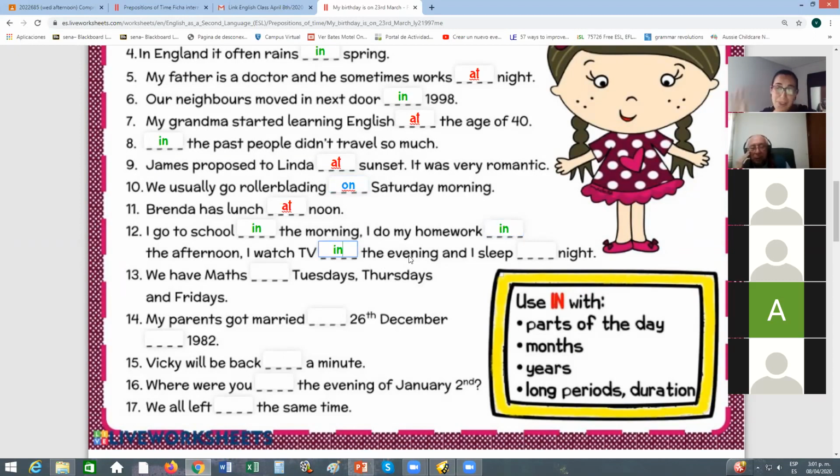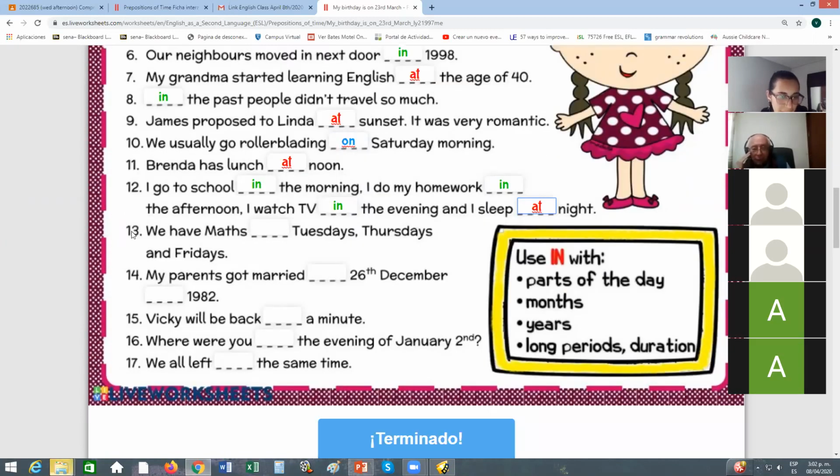In the evening. There are 3 specific exceptions, no? And I sleep at night. At night. Yes, that is an exception. Okay, you have cleared this.